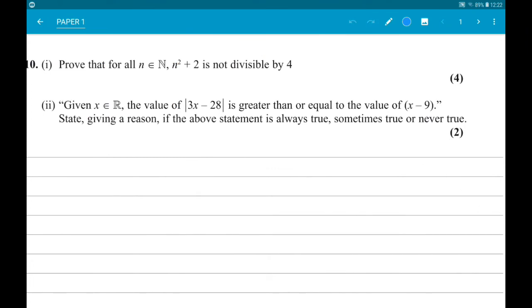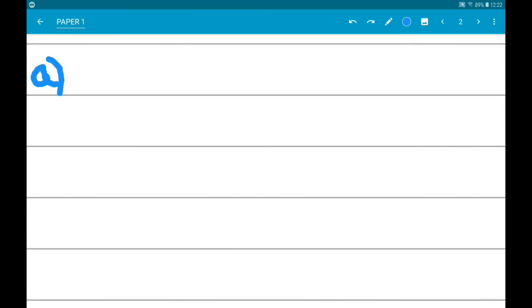Then A, prove that for all n in the natural numbers, so positive integers, n squared add 2 is not divisible by 4. Alright, so we can categorize natural numbers into two types, odd and even.